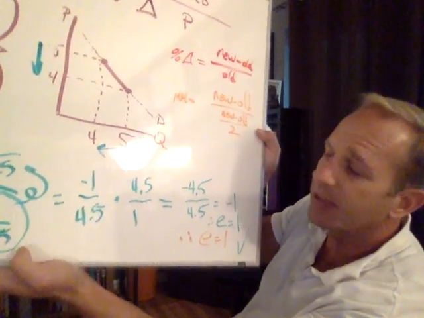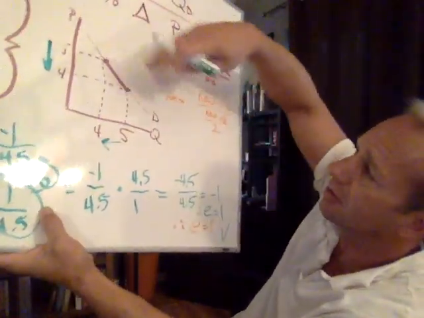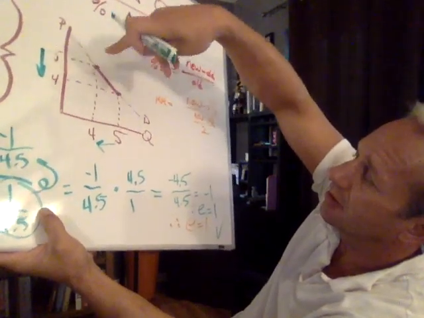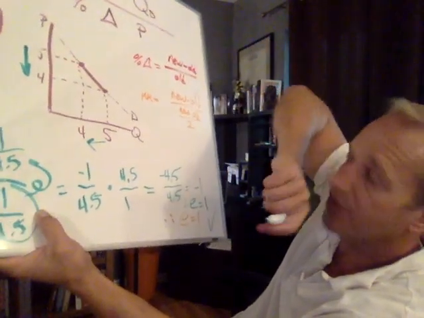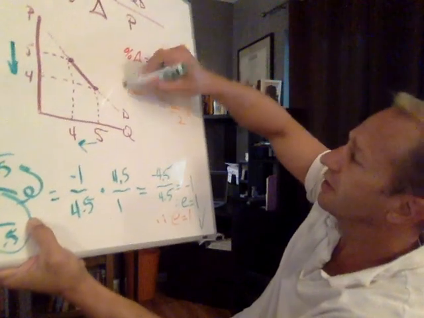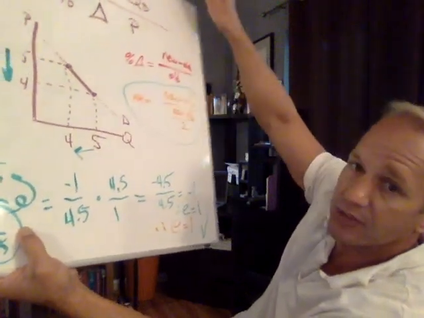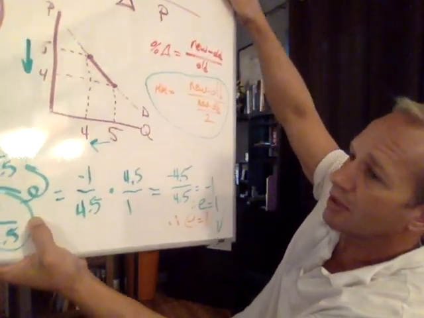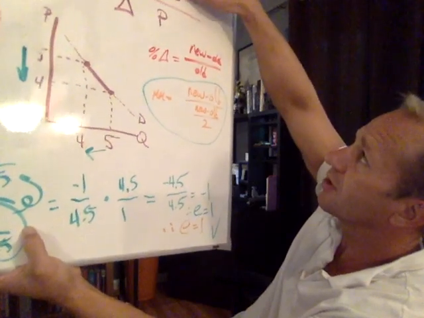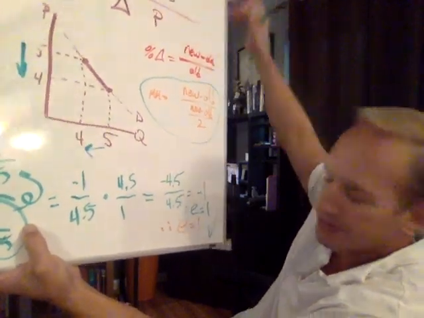We get the same value whether we're rising along the demand curve or falling along the demand curve. It comes out to be the same by using this little piece right here for both our percent change in quantity and our percent change in price. So that's the midpoint method, and that's why we do it. And for your homework calculations, that's what you will do.